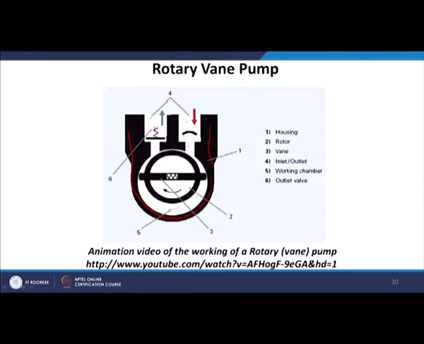Some of the gas molecules enter here, get compressed, then expanded, and then again leak out. This process goes again and again. Basically it is expanding the cavity by successive compression and expansion, and that takes the gas molecules out of the chamber and reduces the gas molecules, right. There is an animation video of the rotary pump which we will show you in the next slide.